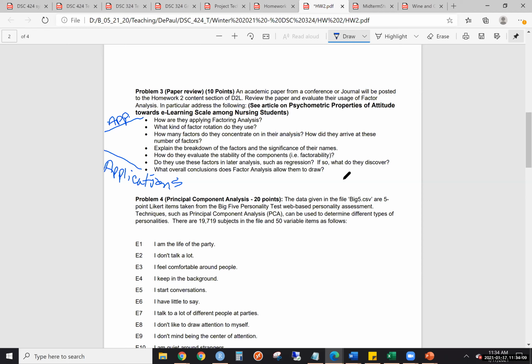Do nurses really learn a lot from the e-learning? How does that change their psychology of attitude through e-learning? While the subsample of the population are nurses in relation to e-learning, how does their psychology of attitude change in terms of what they're learning based on how they're learning?